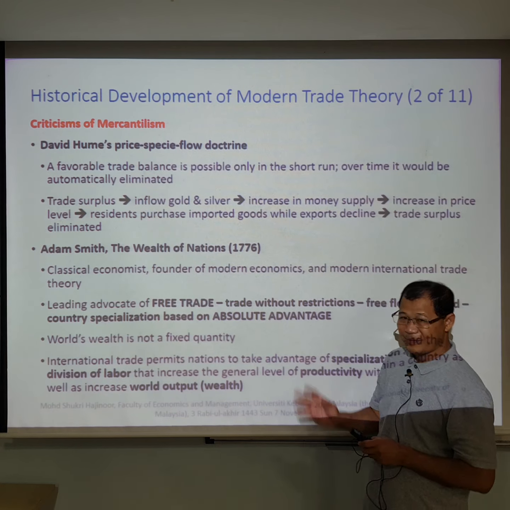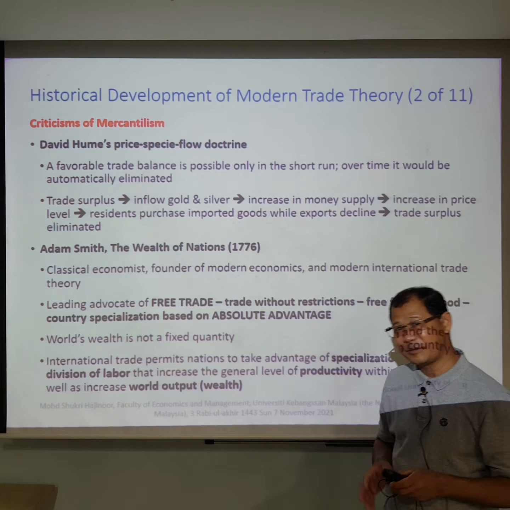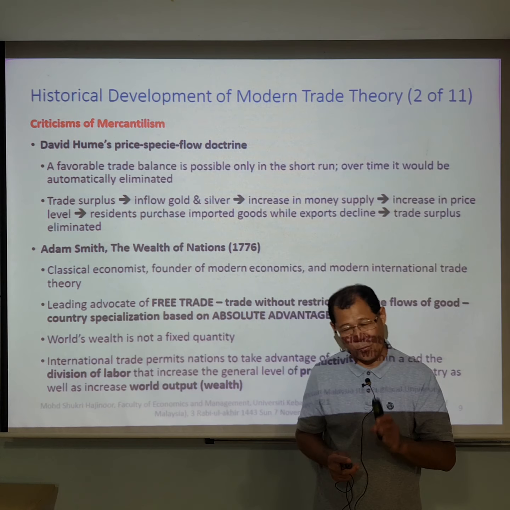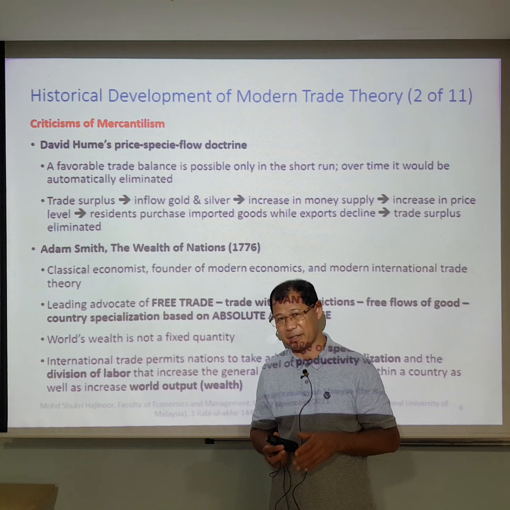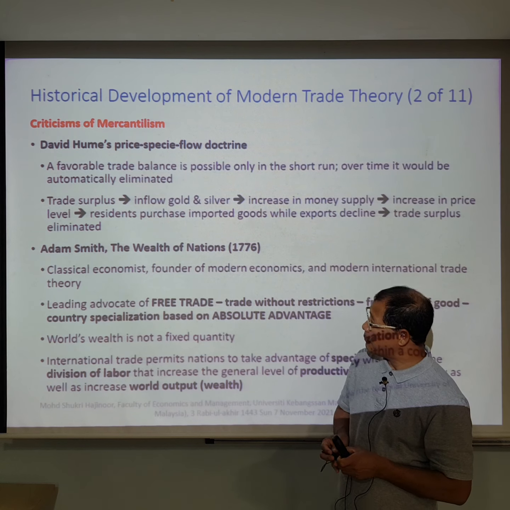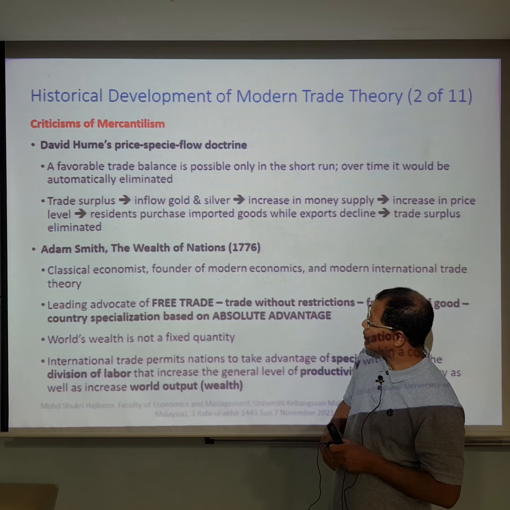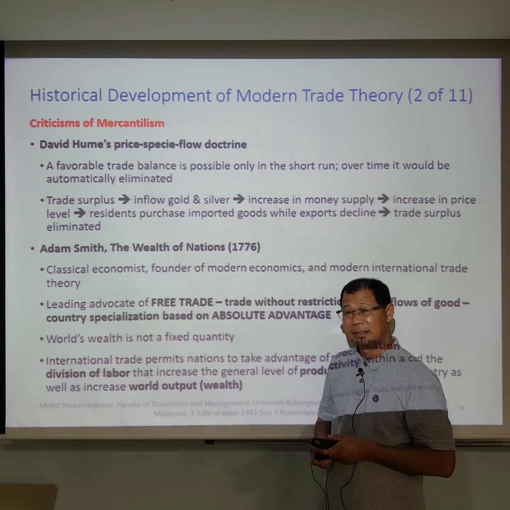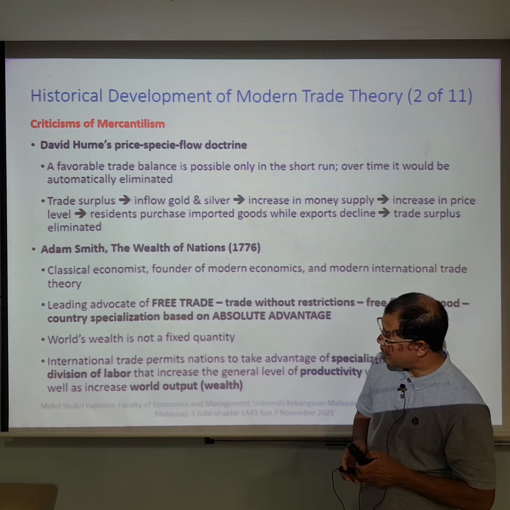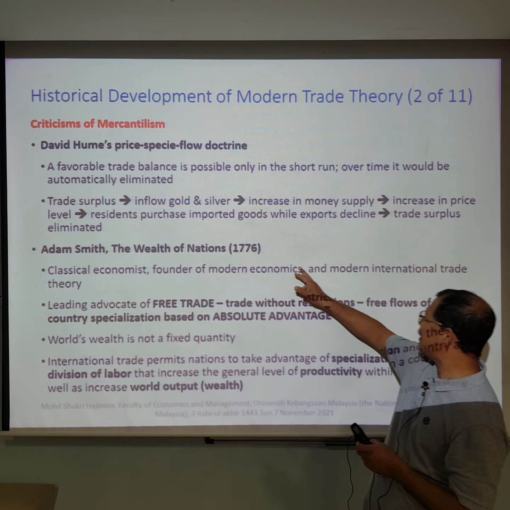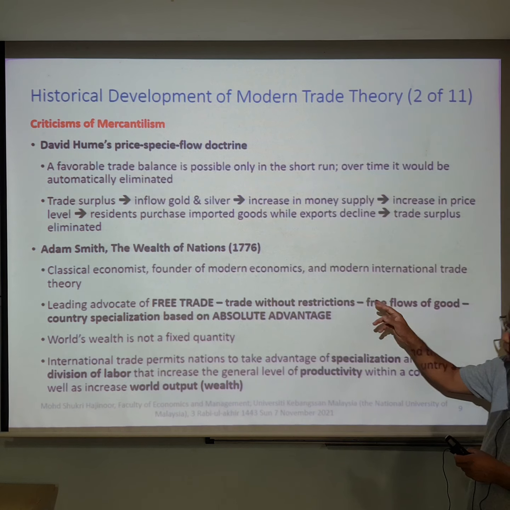So here comes Adam Smith. You know, Adam Smith is known as the father of modern economics. With this publication, 1776, Wealth of Nations, classical economists, founder of modern economics, modern international trade theory.